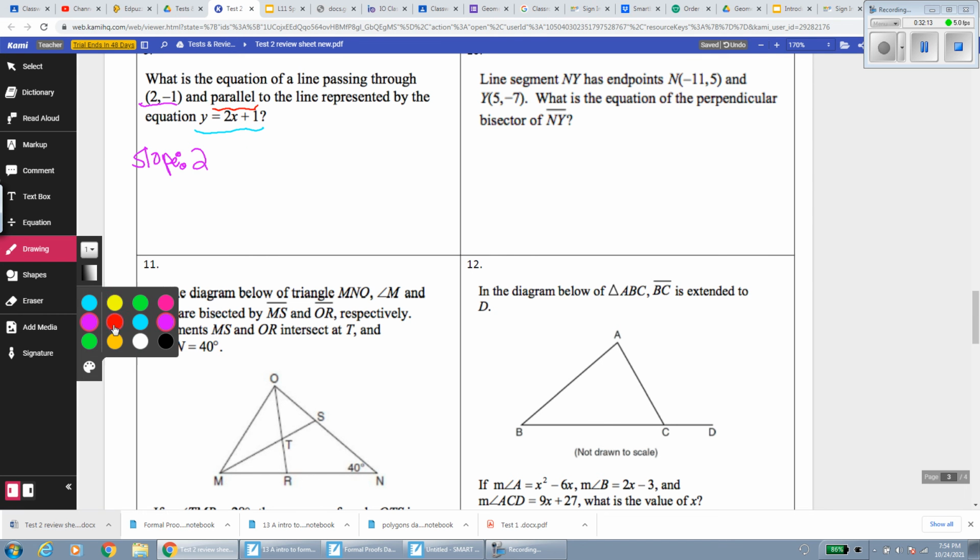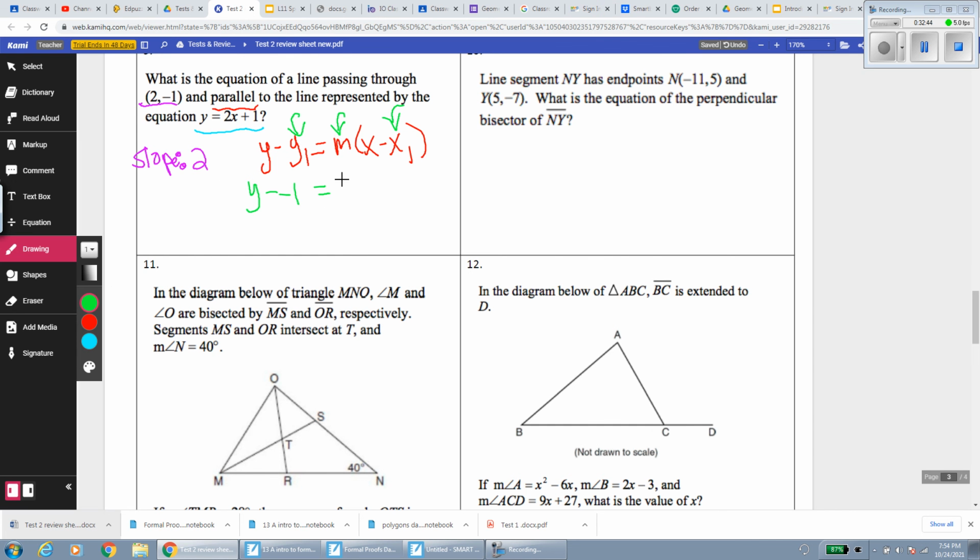I'm going to write the equation of the line in point slope form. So point slope form is y minus y1 equals m times (x minus x1). Remember, when you're plugging into point slope form, all you need to do is plug in the slope for m and plug in the x and y coordinates of the point that you're using for x1 and y1. So we have y minus the y coordinate of the point that we're given, which is -1, equals 2.